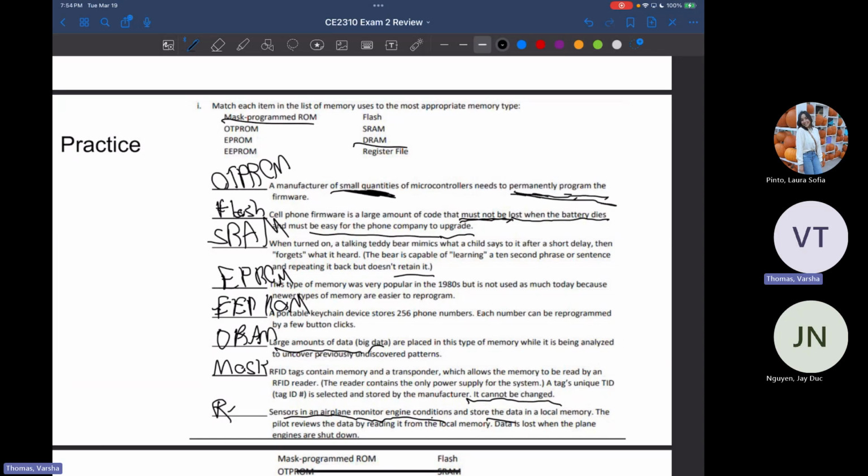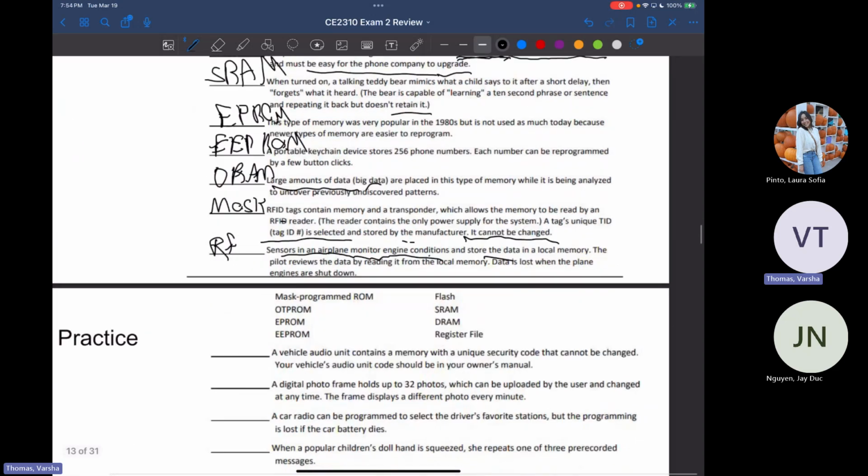But I don't see here where it says that the RFID tags are produced in a large amount, but I think we should assume that our RFID tags are produced in a large amount. Yeah, so if it doesn't tell you that it's a small quantity, you can just assume that it's being mass produced. Okay, so as Varsha explained, we know that RFID tags are usually mass produced, so we had to use that assumption, and from that assumption, we know that it has to be a mask programmed ROM.